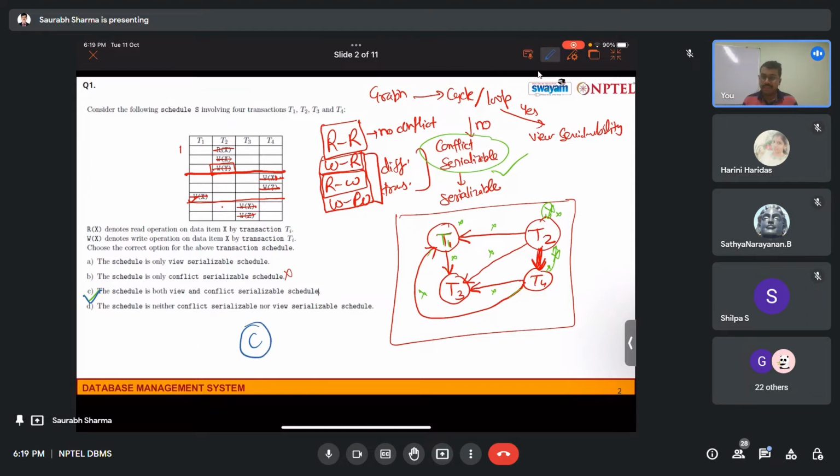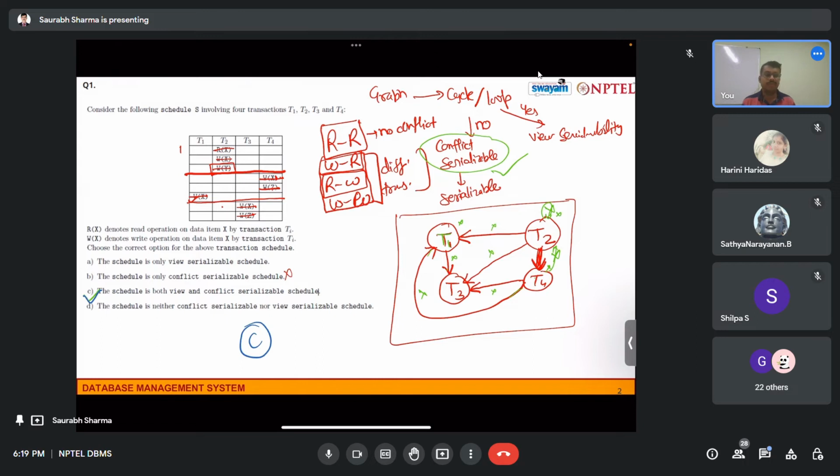I am repeating it because it is a basic question, and if you are able to solve it, you will be very comfortable with any kind of question related to it. What I have done is create a precedence graph.